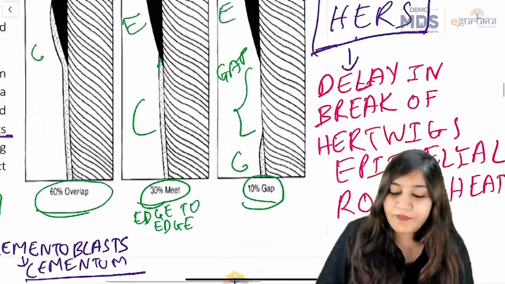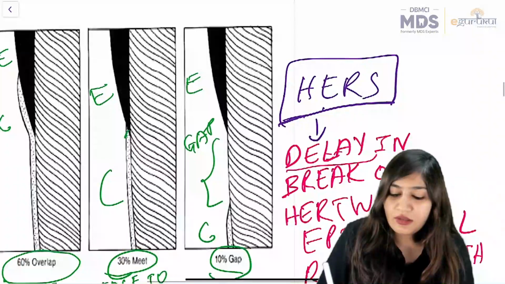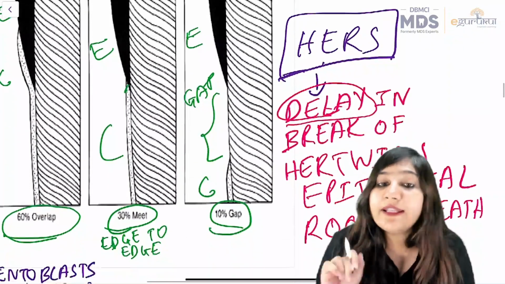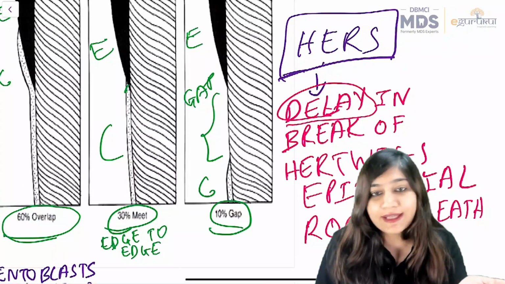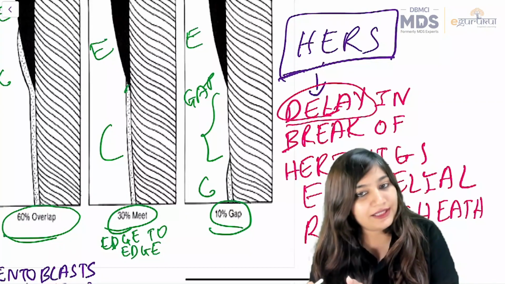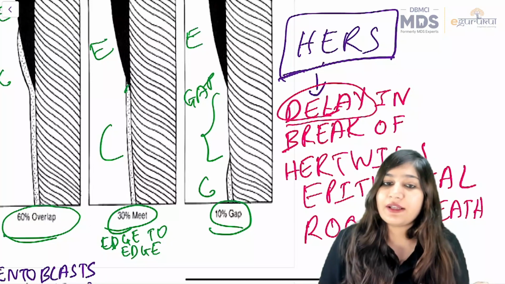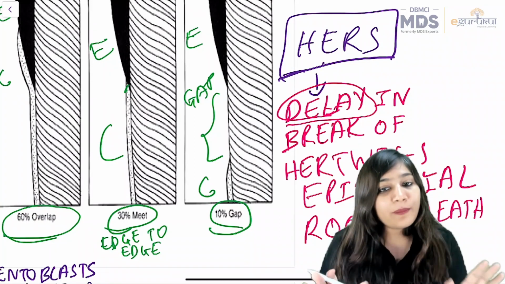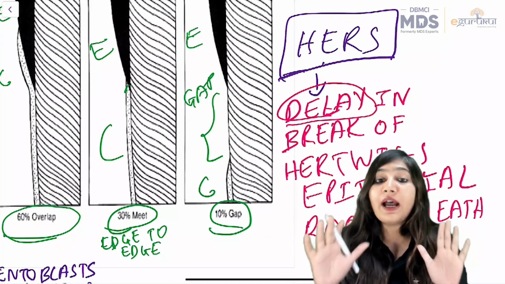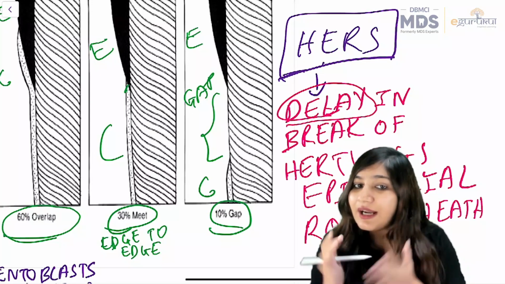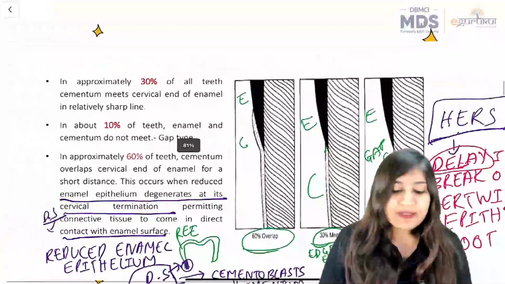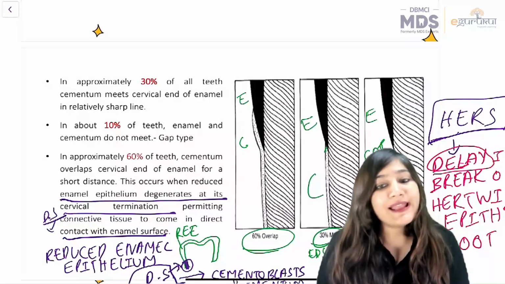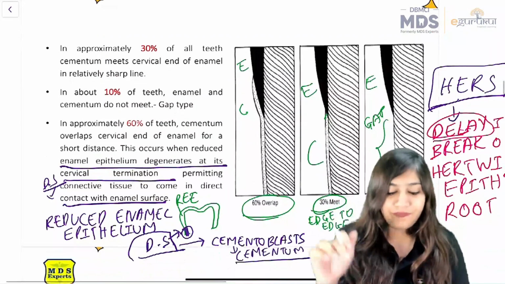There will be mainly a delay in break in Hertwig epithelial root sheet. So dental sac cells cannot come in contact with dentine and form cementum. So there will be no formation of cementum until there is a break in Hertwig epithelial root sheet. So we have the reason for both gap junction as well as overlap junction.